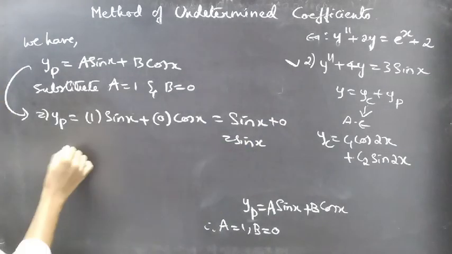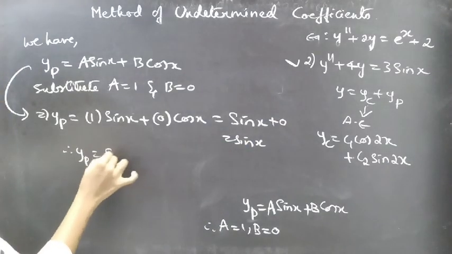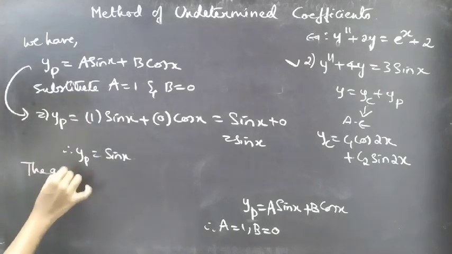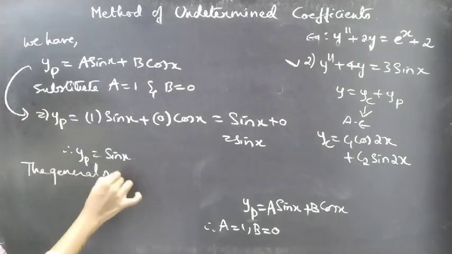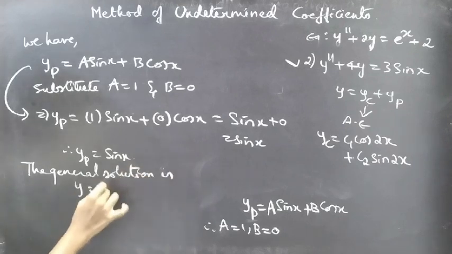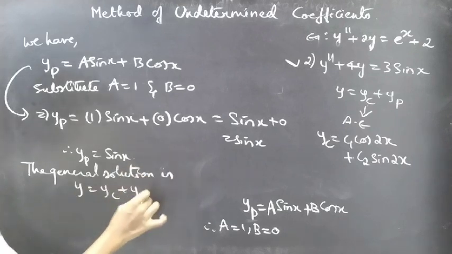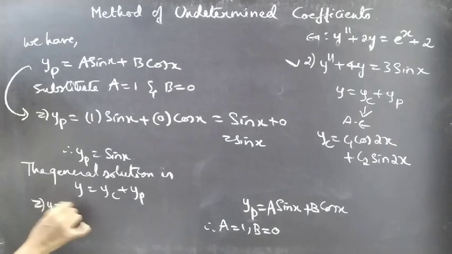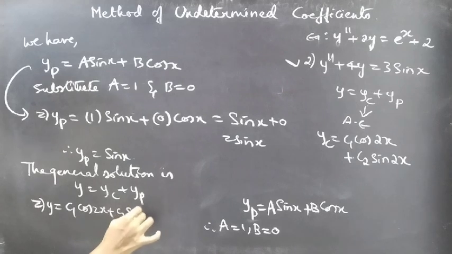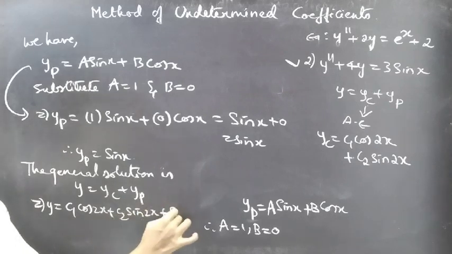Therefore yp equal to sin x, and the general solution is given by y equal to yc plus yp. We have yc and yp, substitute. You'll get y equal to c1 cos 2x plus c2 sin 2x plus sin x, which is the required solution.